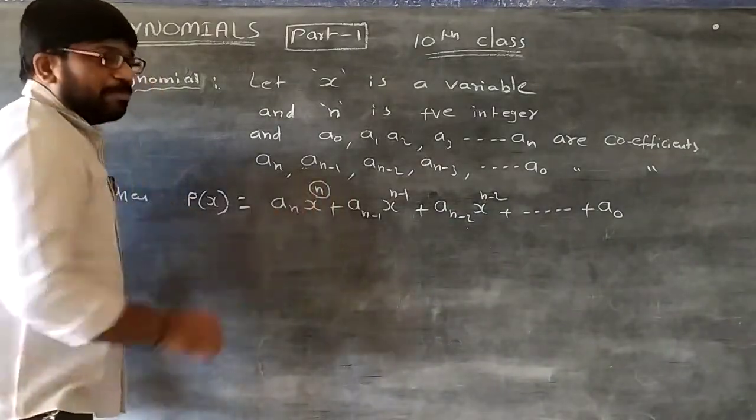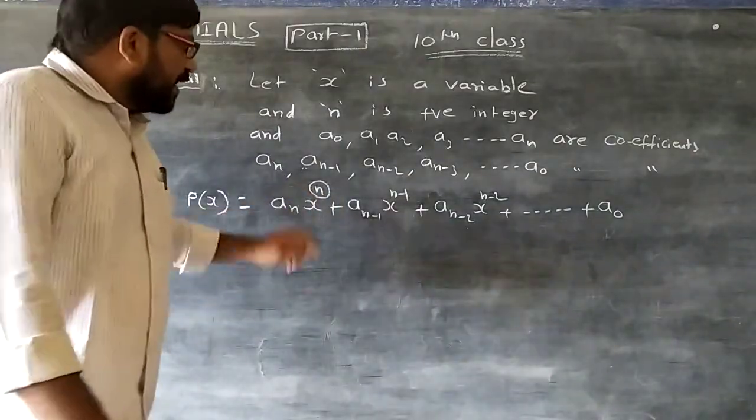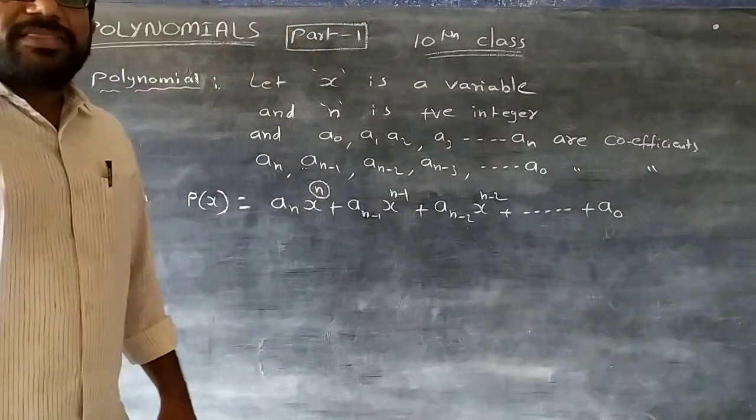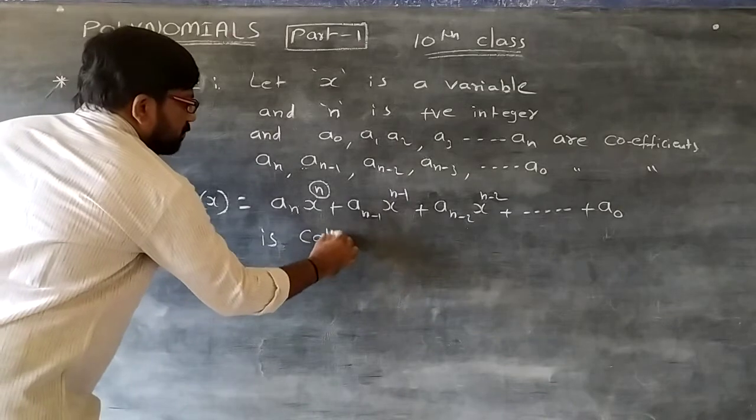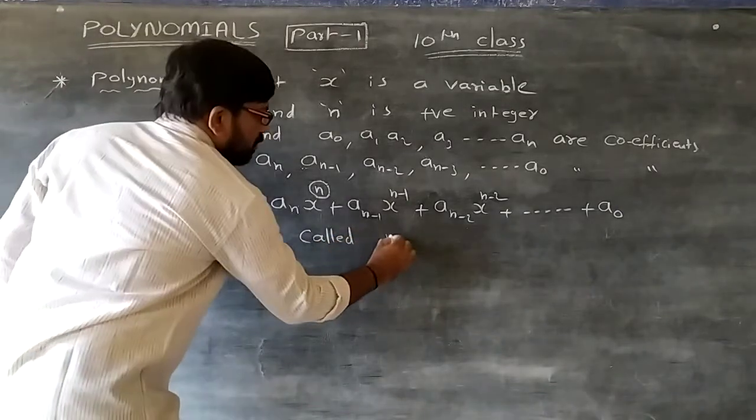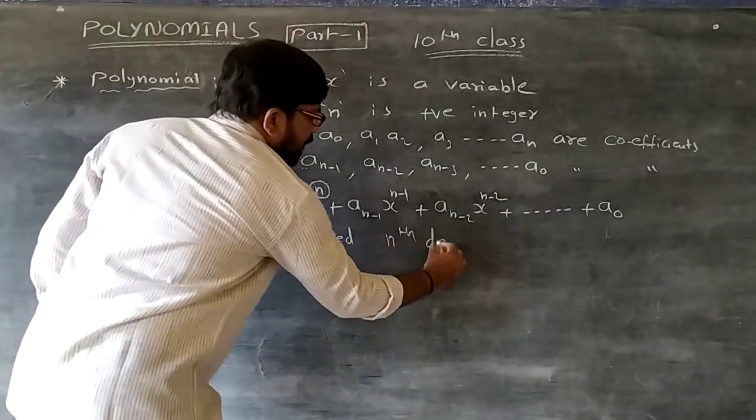Here the highest power of the variable is n. So it is called an nth degree polynomial.